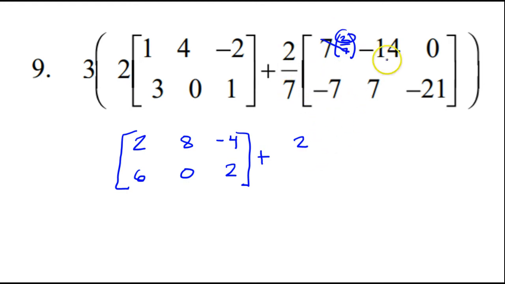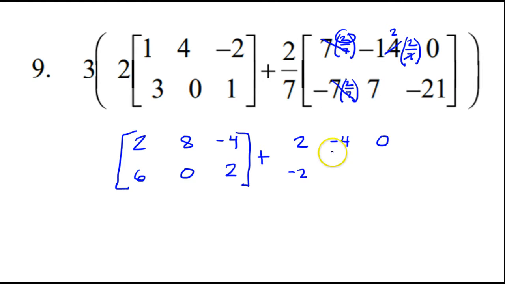If I do 2/7 times 14, 7 goes into 14 twice, and 2 times 2 is 4, so this will be negative 4. 2/7 times 0 is 0. 2/7 times negative 7 is going to be negative 2. It's the same type of thing as I did up here. The 7s cancel out, but now I have negative 2.